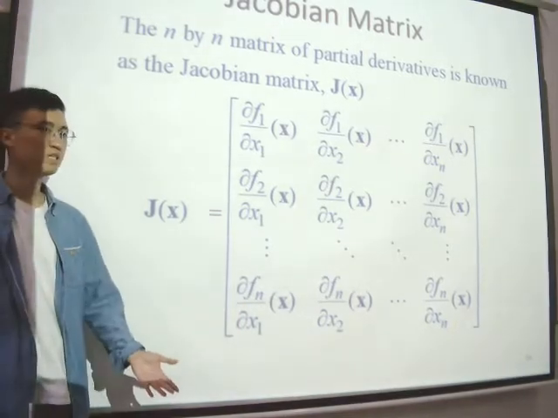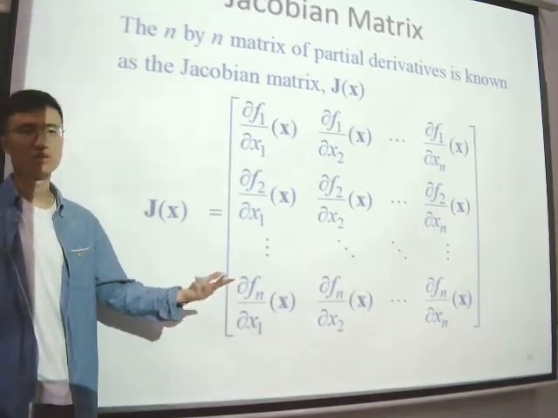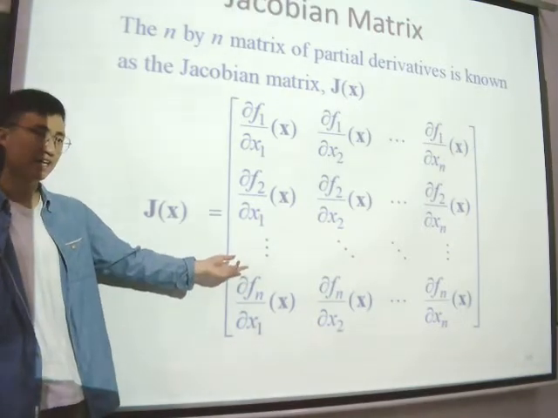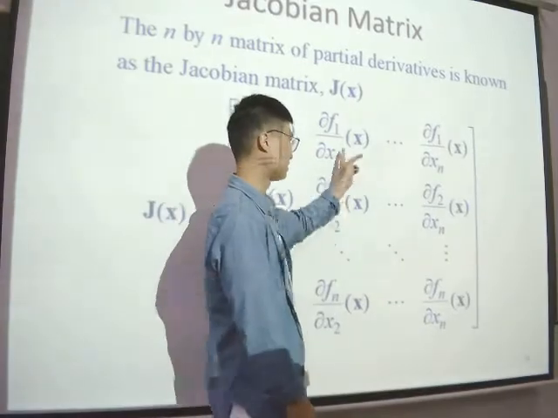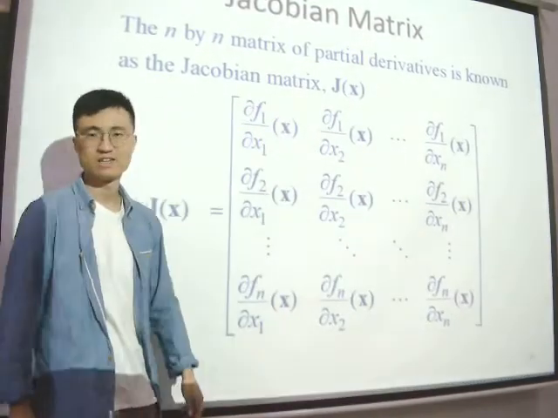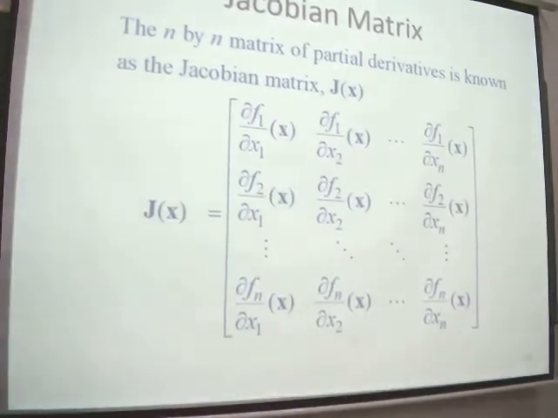Don't worry, if we have 2 or 3 variables, we only have a 4-item matrix, or a 9-item matrix. Okay?